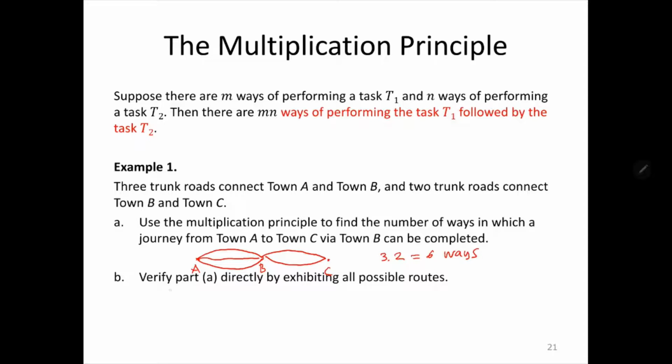Say the roads from A to B are AB1, AB2, and AB3, and we have BC1 and BC2. The possible routes are: AB1 then BC1; AB1 then BC2; AB2 then BC1; AB2 then BC2; AB3 then BC1; and the last one, AB3 then BC2.